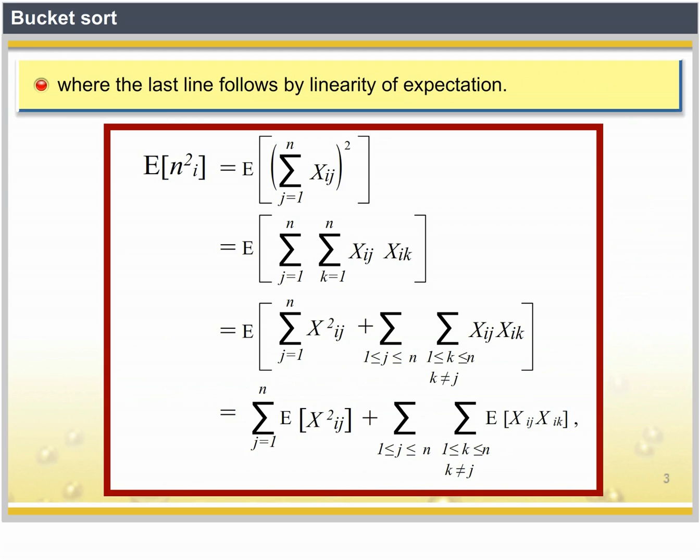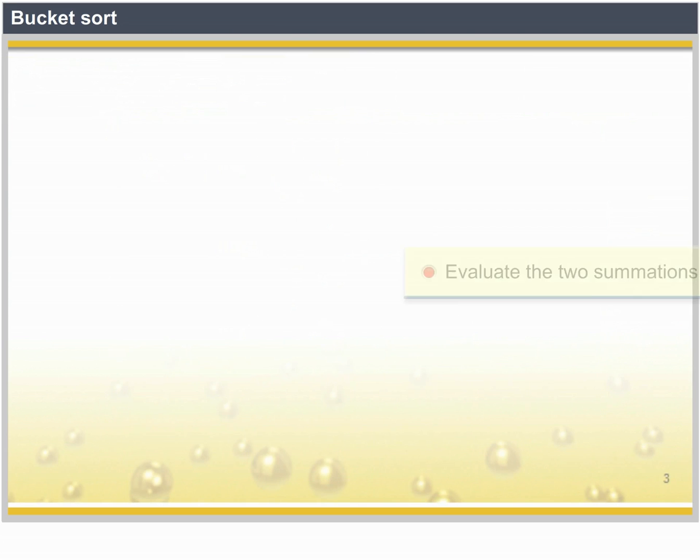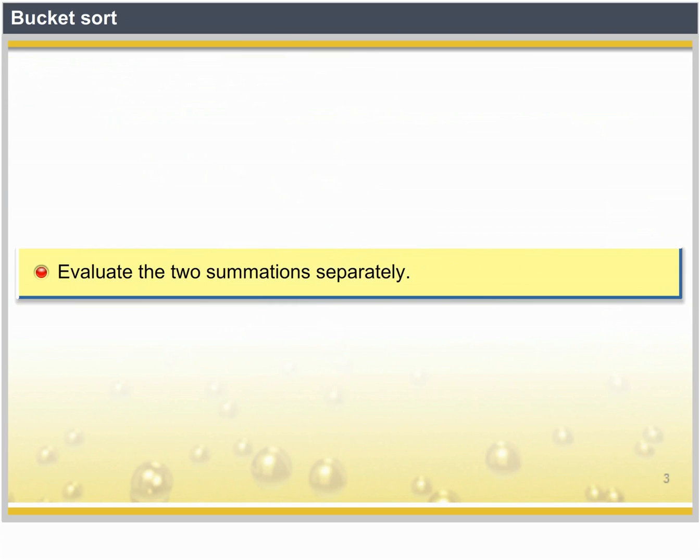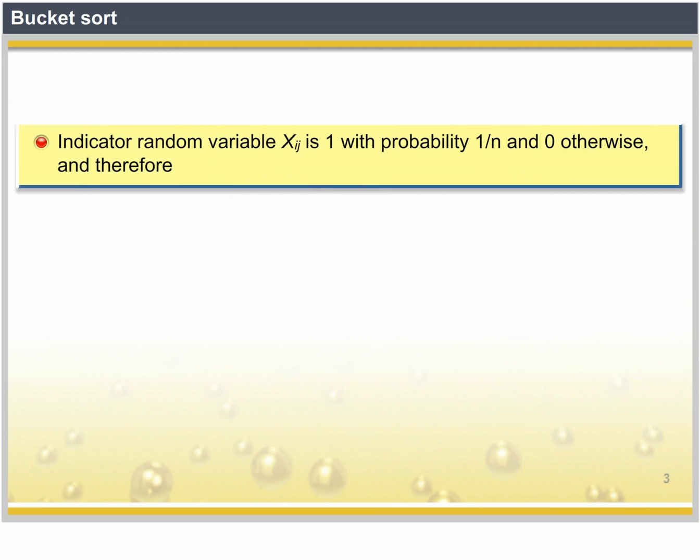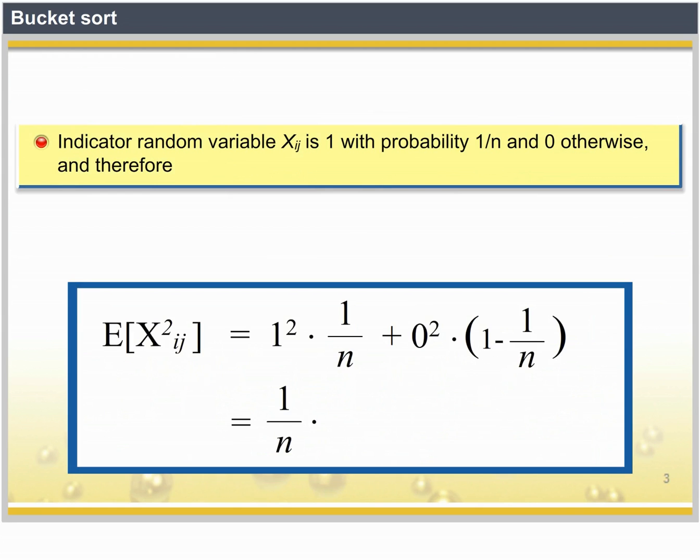Evaluate the two summations separately. Indicator random variable Xij is 1 with probability 1/n and 0 otherwise, and therefore E[Xij²] = 1/n.